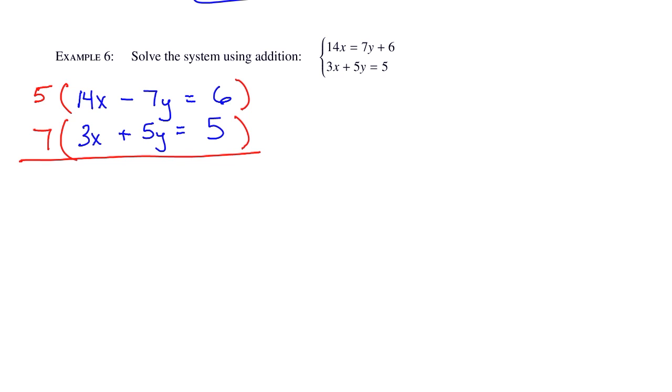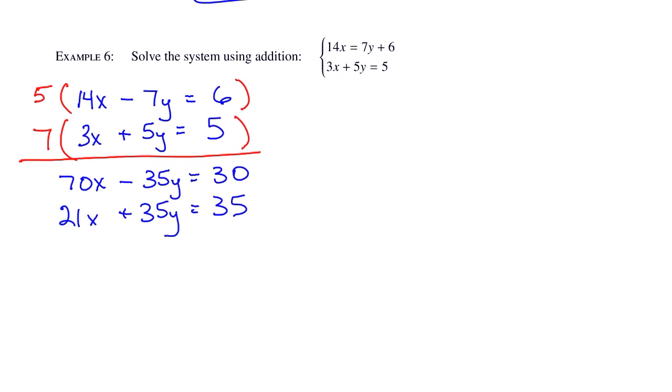So what do we get? So you're going to multiply 5 by everything there. So that's going to be 70x minus 35y equals 30. And we're going to multiply the bottom equation by 7. It's going to be 21x plus 35y equals 35. Now you have created two equations that have opposite coefficients on the y, so when you add them, they will cancel. 70x and 21x is 91x.